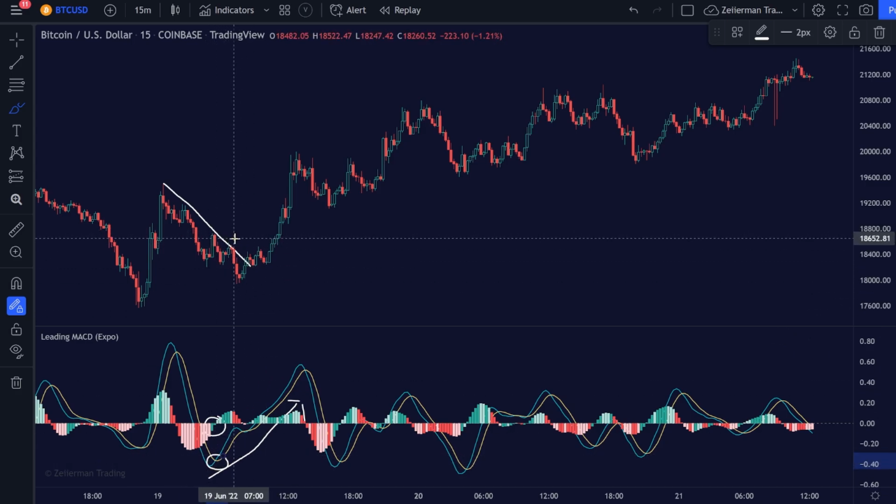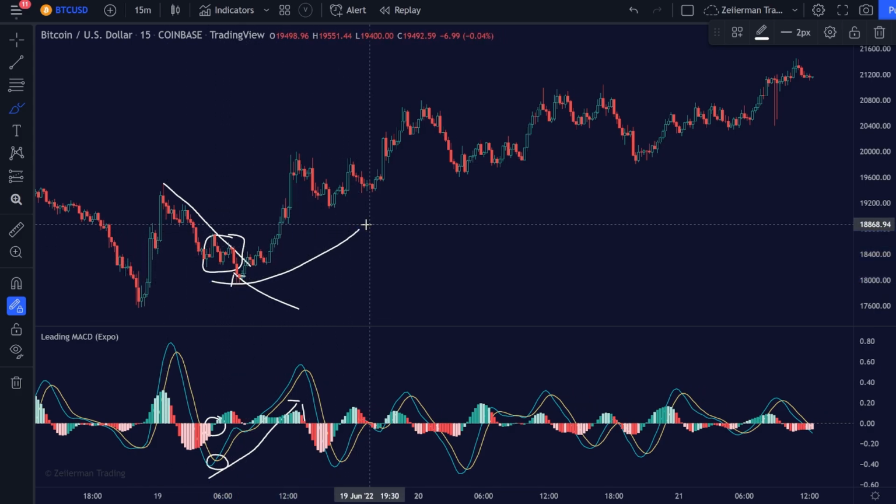And we are in this area, right? So this is an area of interest where we can start to look for a potential long trade based on the leading MACD, right? We have everything in place. The histogram is turning green. We have a MACD cross and the leading MACD is steadily increasing. And boom, we can look for our long entry in this area.